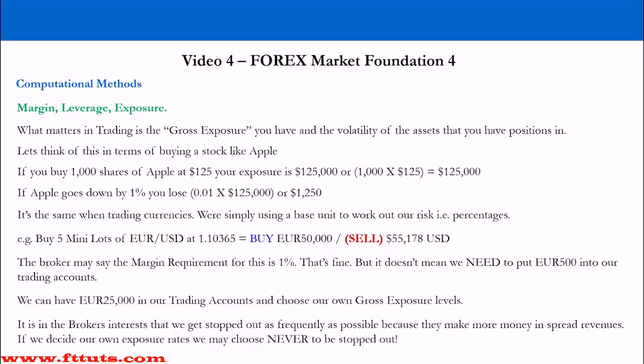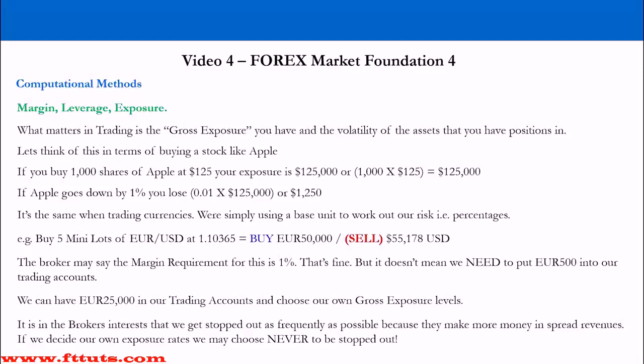When we looked at the previous slide and the margin requirement rate being lower than the volatility of the asset, we never want to be in that position because it means we can easily get stopped out. So the trick here is actually to choose your own exposure levels and do the opposite of what the broker wants you to do.